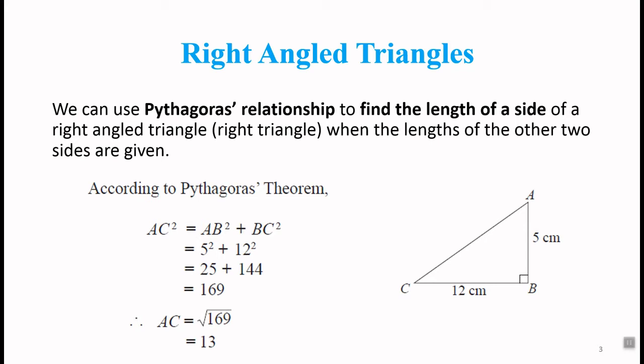Then we can use the Pythagoras theorem. According to the Pythagoras theorem, AC squared equals AB squared plus BC squared. So you can substitute values: AB equals 5 cm, BC equals 12 cm. Substitute the values here and you can find AC. AC equals 13 cm.